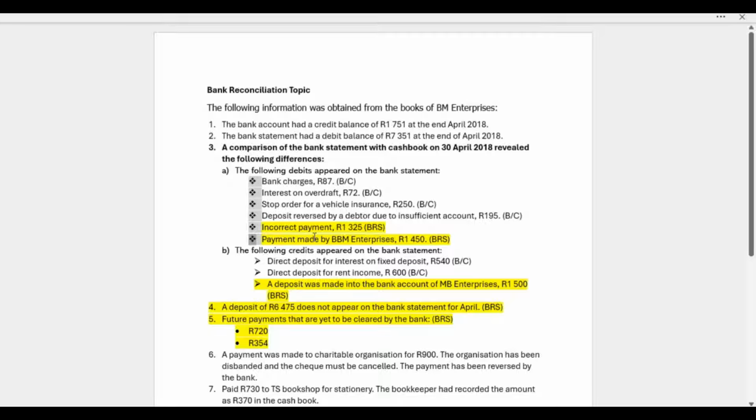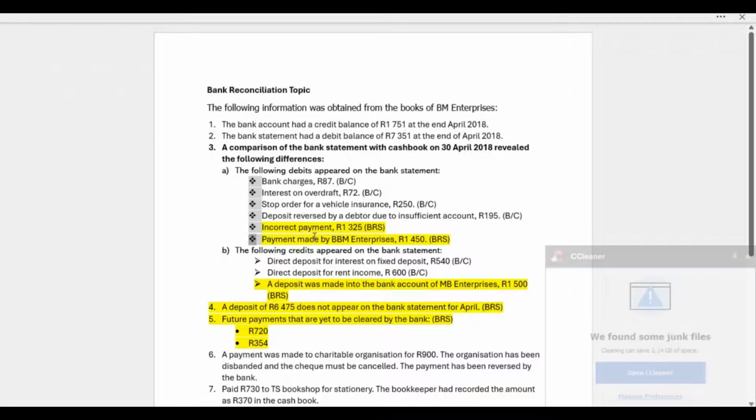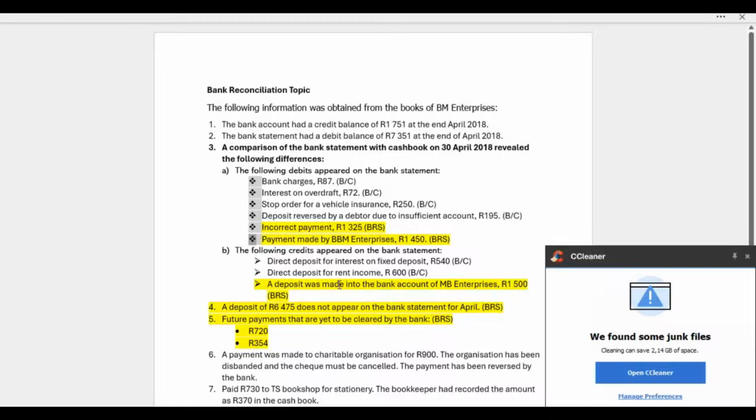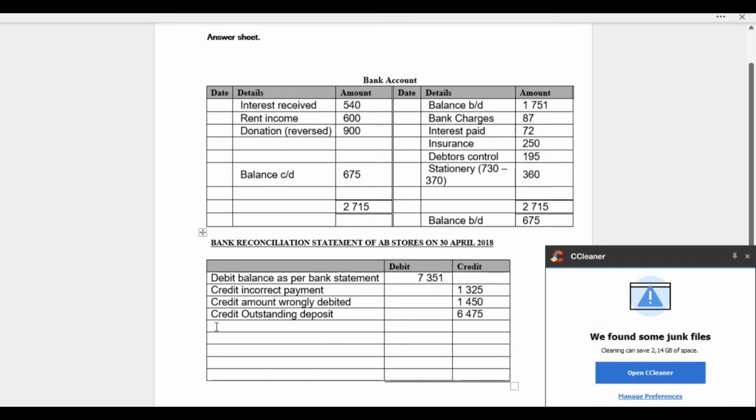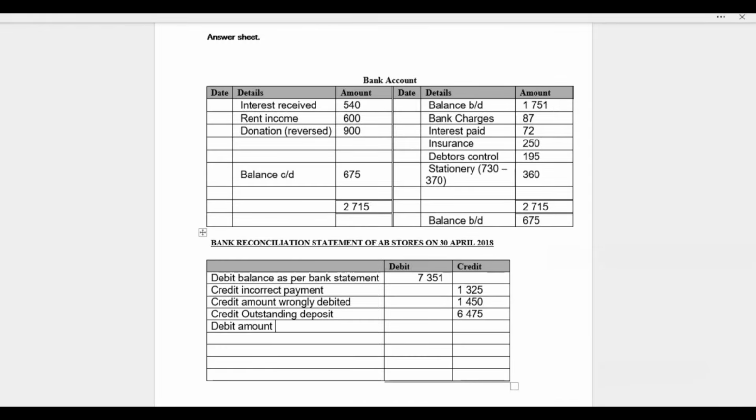So remember with this one, we said a credit amount wrongly debited. Therefore, this one was credited instead of being debited to someone's account. Therefore, we go there and say debit amount wrongly credited, and then you can come here and say how much is there? 1,500.